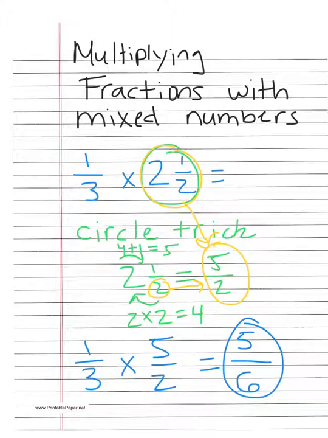Let's do one more problem together with a mixed number. Let's say I have the problem 2 4/5 times 2/3. So I have a mixed number here, I cannot multiply across.